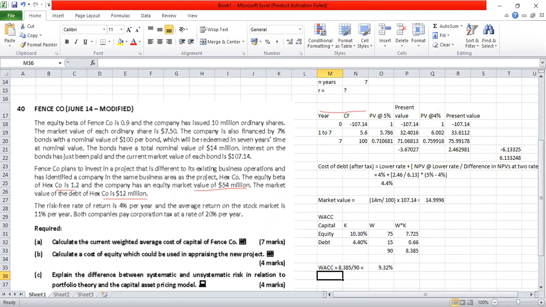So we need to take the weighted average: take 1.2 into the market value, divided by the total value. The total debt part of it has to be taken into consideration. So just a minute.